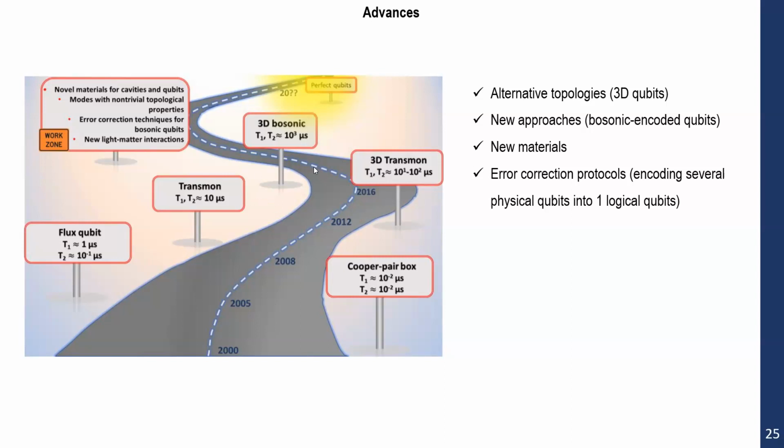And then other advances in this area include exploiting new alternative approaches and topologies like three-dimensional qubits. A 3D qubit is a qubit where we still use a Josephson junction, but placed inside a three-dimensional cavity. So it's not planar, it's a three-dimensional structure.